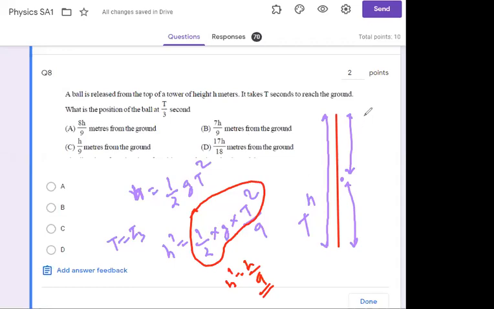Now this h dash is this one, yes or no? So h dash is h by 9. So what is this distance? It is h minus h dash, which is 8h by 9 from the ground. Yes or no? So the answer should be A. Correct.